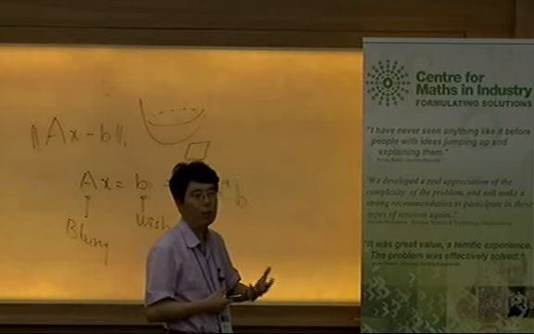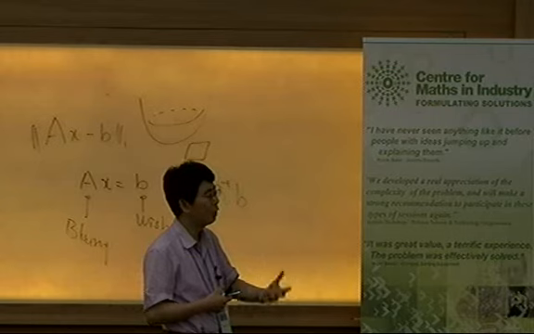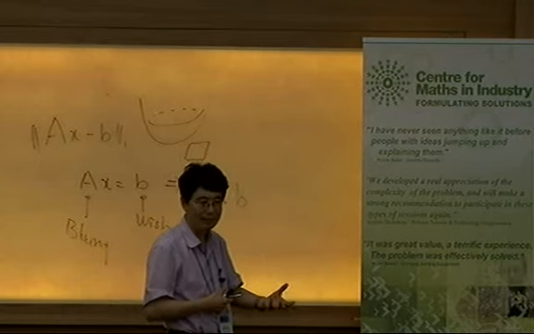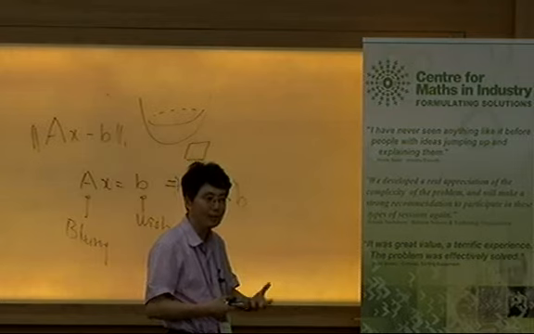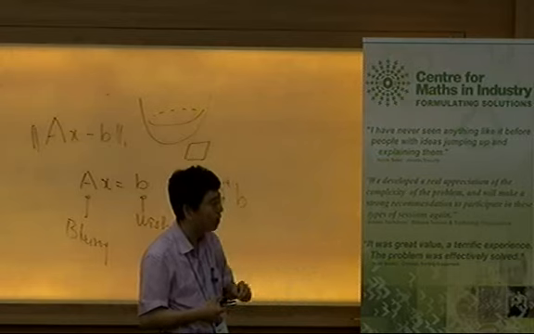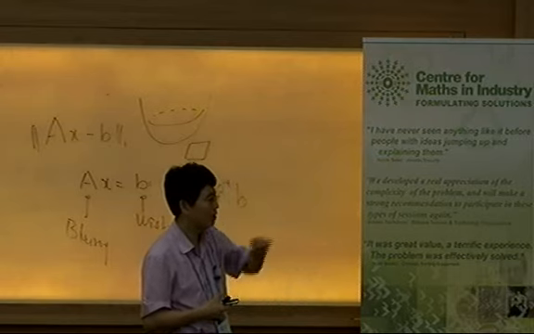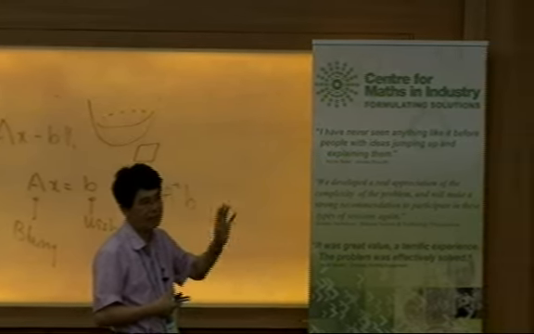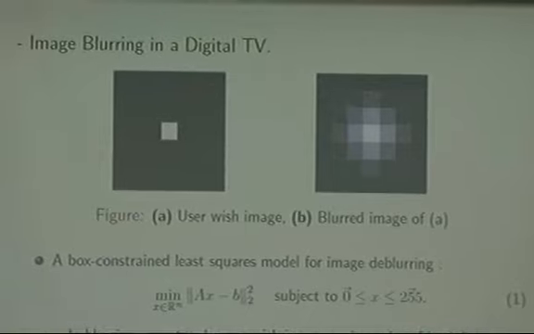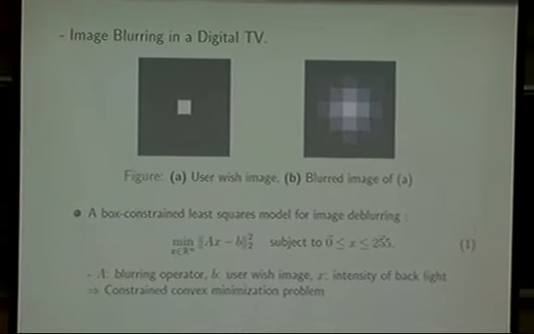Instead, we look at the image processing world, where they provide a very simple and fast algorithm for this kind of problem. Actually, it was not for the box constraint problem, but I looked at it and modified it into our problem.